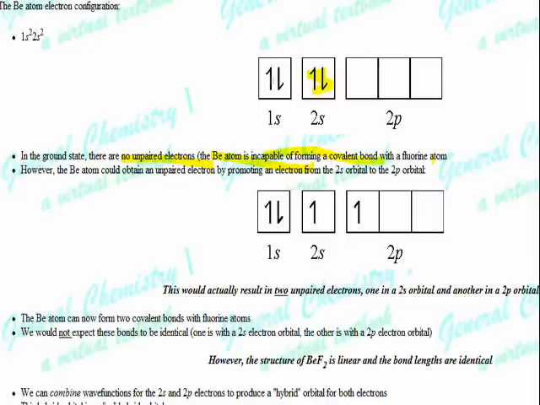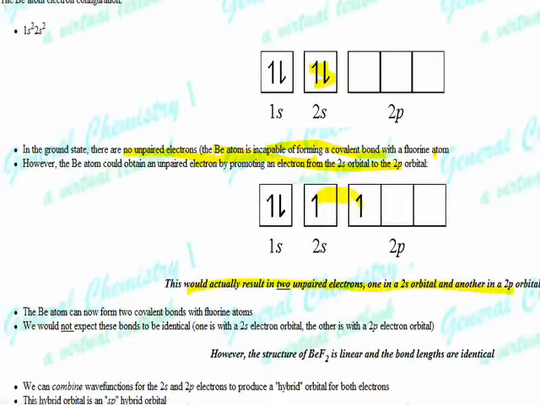But the beryllium could hybridize and promote an electron to the 2p orbital. So notice this electron now went to the 2p orbital, and now it is ready to be bonded. This would result in 2 unpaired electrons, one in the s and one in the p.